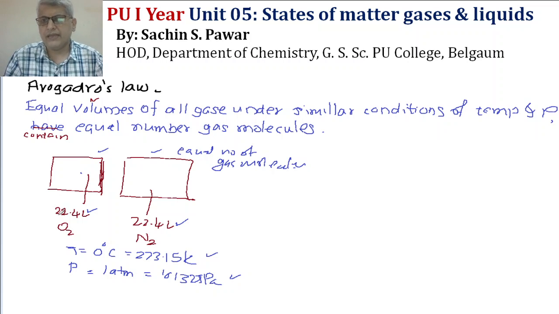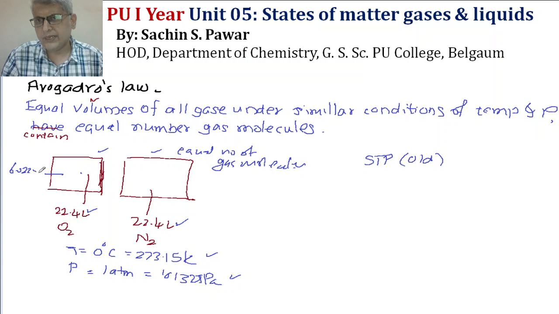Here purposely I have taken a condition which is known as the STP, the old standard condition. We will come back to that. Here it consists of Avogadro number of particles, that is 6.022 into 10 to the power 23 oxygen molecules, and in this container also there are 6.022 into 10 to the power 23 nitrogen molecules.